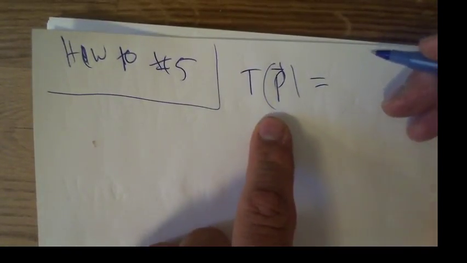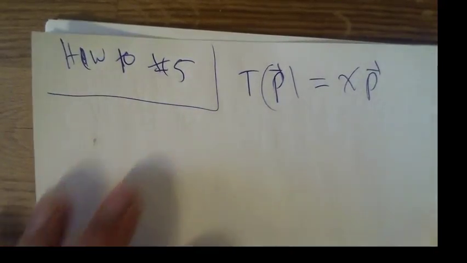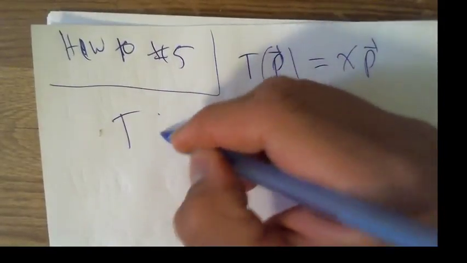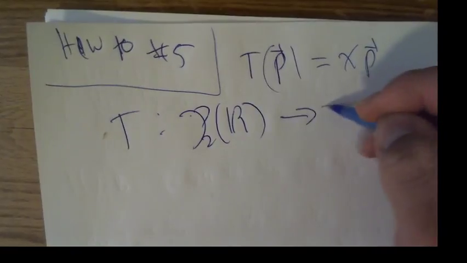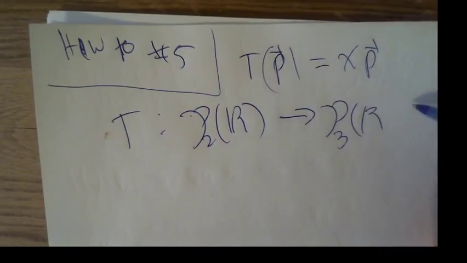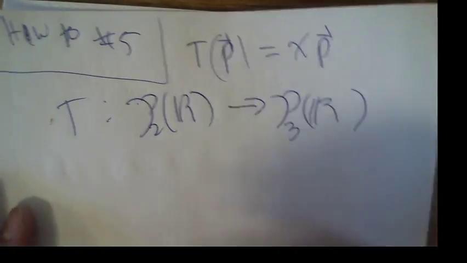T of P is equal to X of P prime. All right, so I have a transformation where we go from P2 of the reals into P3 of real numbers, so real-valued polynomials. And for number 5, they just ask which of the following are in the null space.